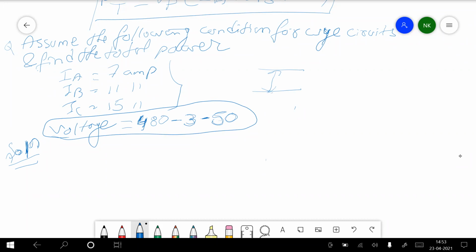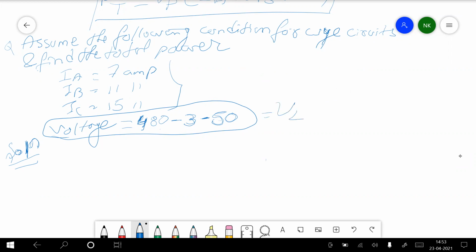A value like 480 will not be your phase voltage. Phase voltage means one particular phase with the neutral. The higher value would be your line voltage, and the lower value would be your phase voltage.